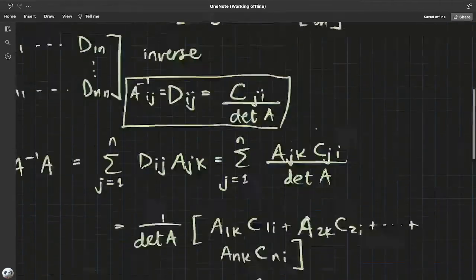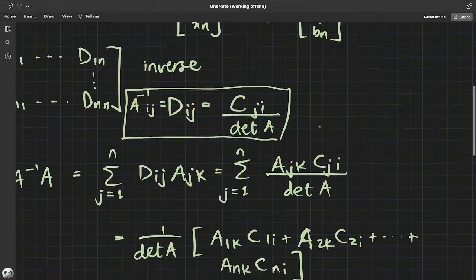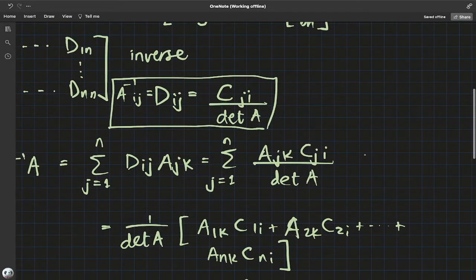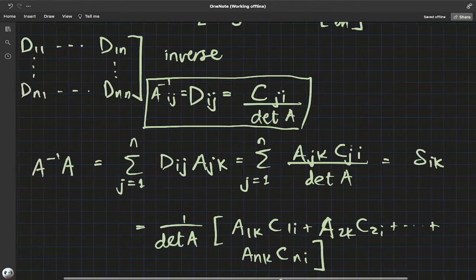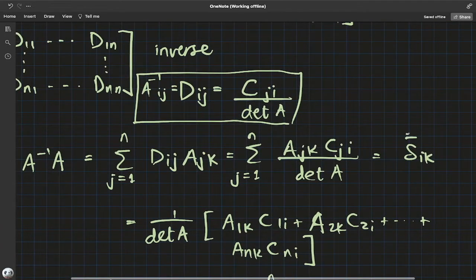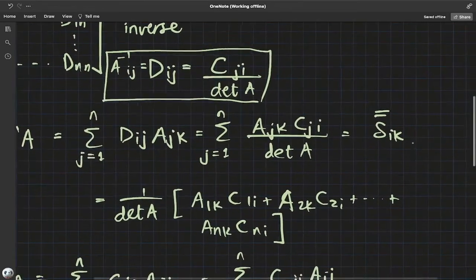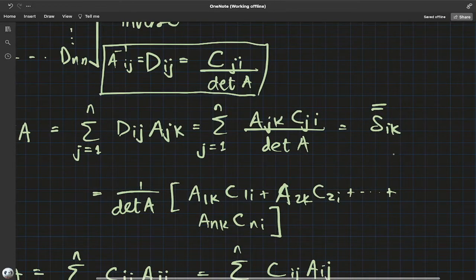So combining all of those cases, when i equals k, you have determinant of A divided by determinant of A, which is 1, and 0 otherwise. So we have a Kronecker delta, but it's basically a matrix, right? Because it has these indices running. So when i equals k, that's the principal diagonal position.